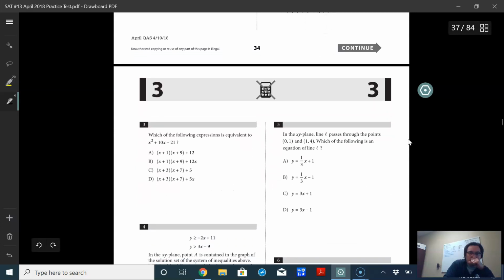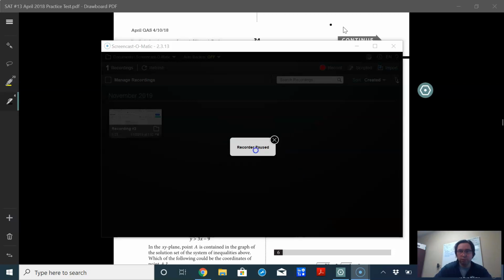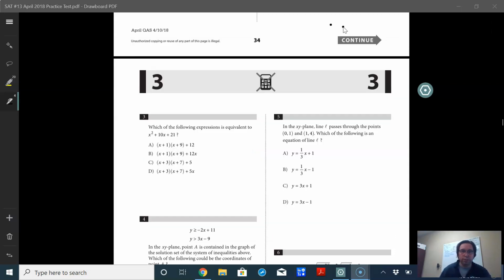It says: which of the following expressions is equivalent to x squared plus 10x plus 21? We're trying to find an expression that mimics what we have here.